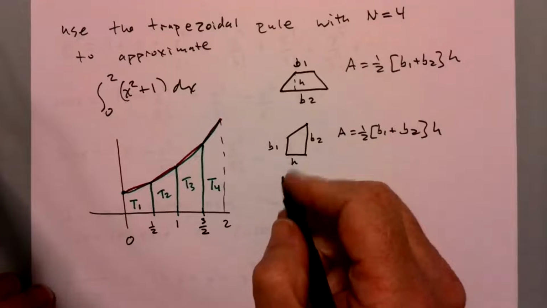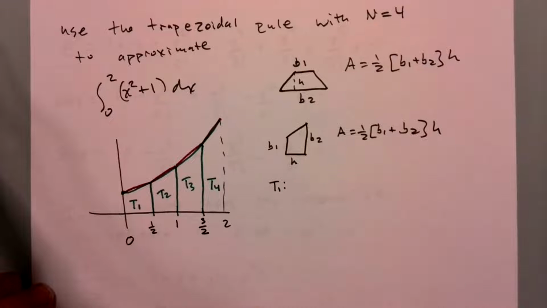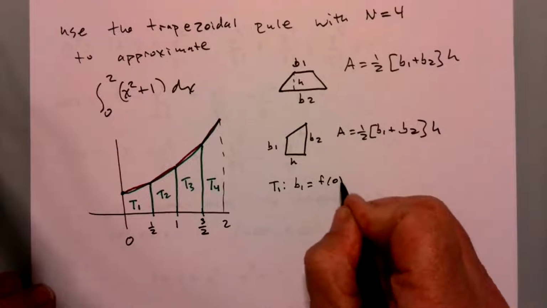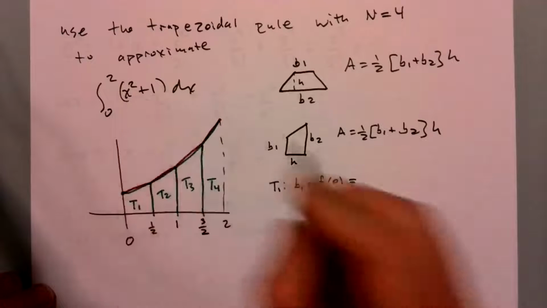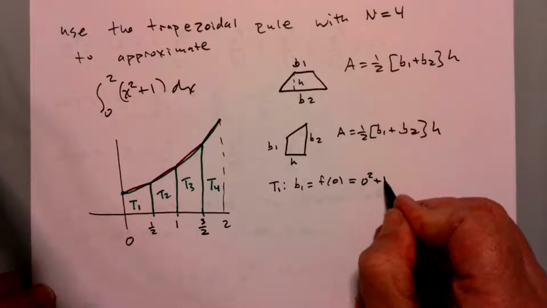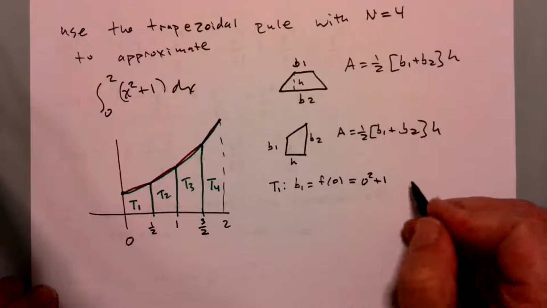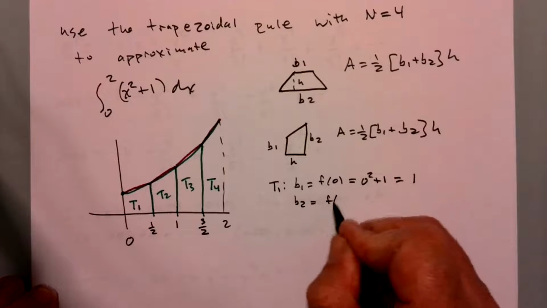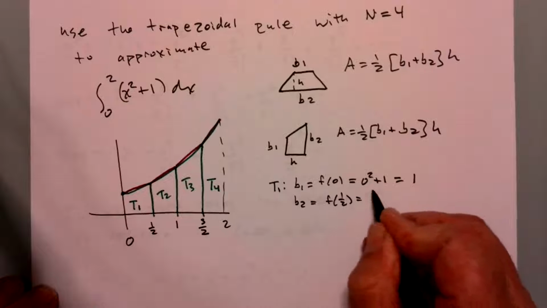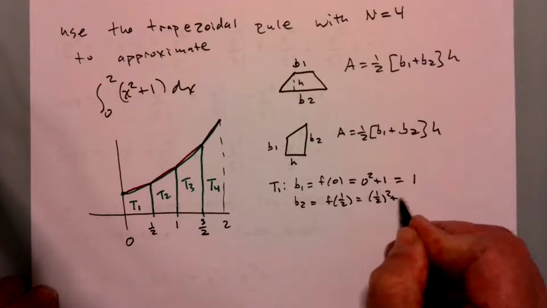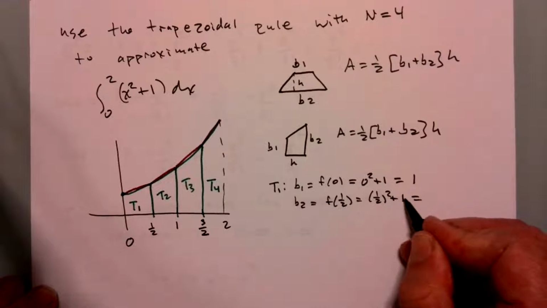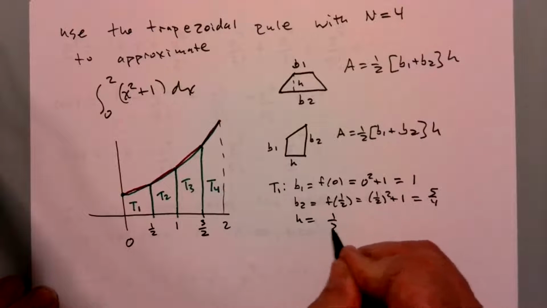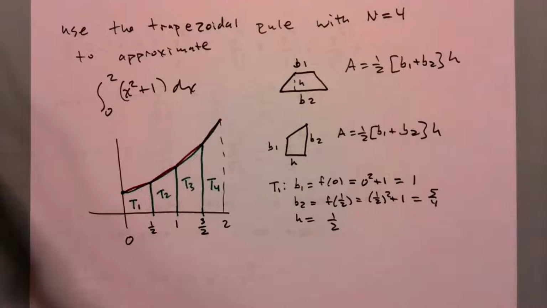So for trapezoid 1, base 1 is the value of the function at 0, but the function is x squared plus 1, so that's 0 squared plus 1, which of course is just 1. Base 2 is f of 1/2, which is 1/2 squared plus 1, 1/4 plus 1, 4 quarters and 1/4, 5 quarters. And the height is 1/2. So you get the idea.